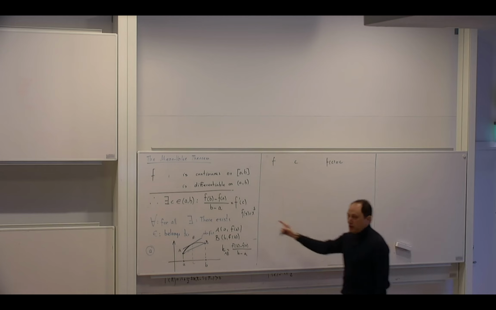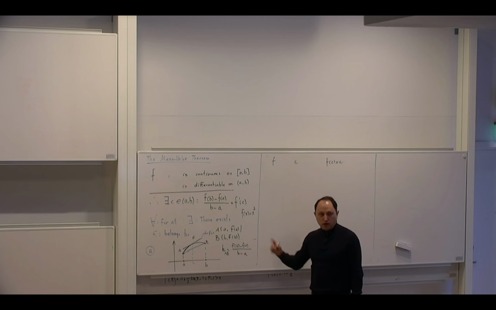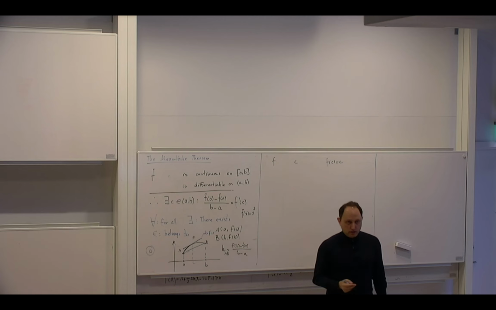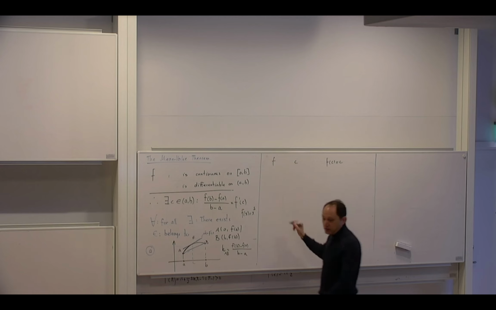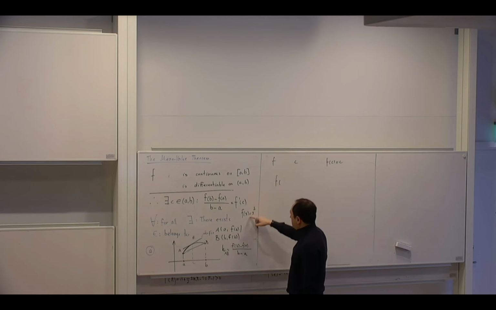Because f of 1 is equal to 1. Or another constant, f of 0 is equal to 0. So I have two constants for this function. A minus 1 is also there. So there are 3 constants for this function.